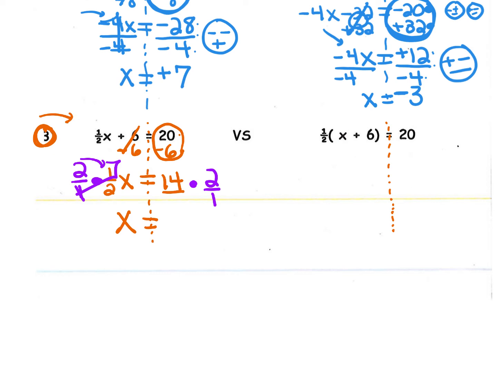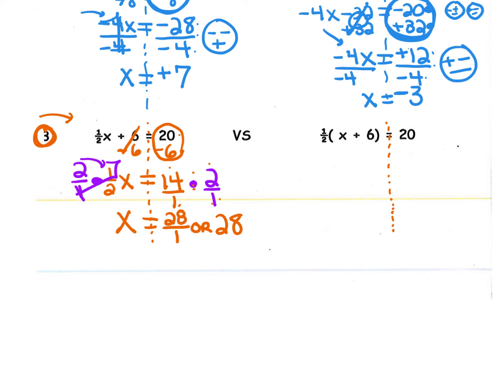And over here, we're going to multiply top times top, bottom times bottom. 14 times 2 is 28 over 1 times 1 is 1, or 28. X equals 28. Please take down these notes, and when you're ready, continue on. If you need to pause the video, please do so.